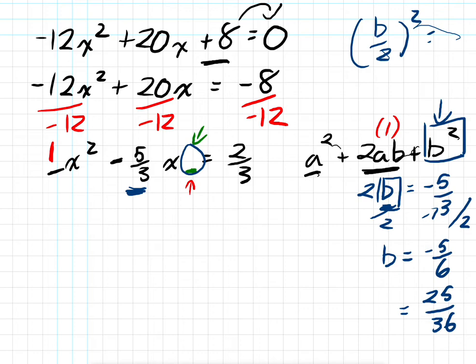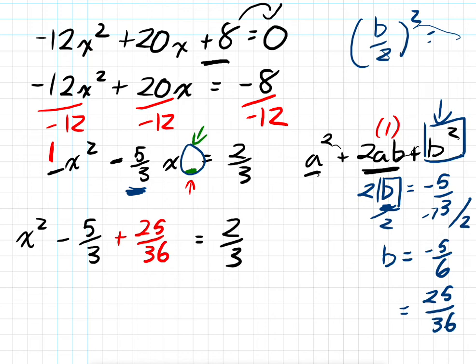So on the left side of the equation, we have x squared minus 5 over 3x, and then we're going to add 25 over 36 to both sides of the equation. That's what's going to allow this to be balanced. So I'll write it in red. Positive 25 over 36 is equal to, this was 2 over 3, and again, positive 25 over 36.